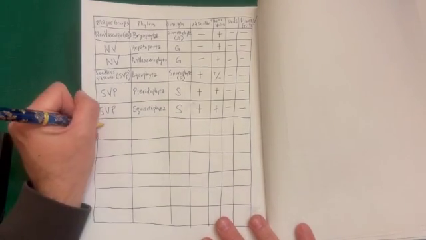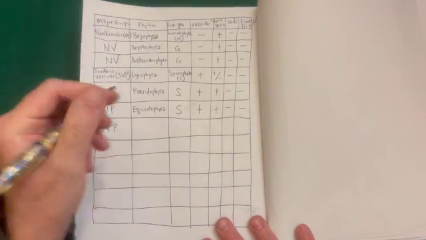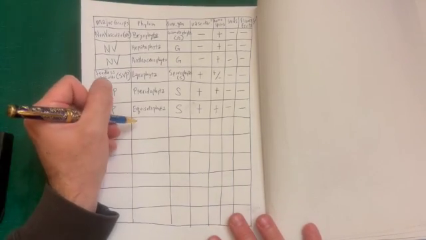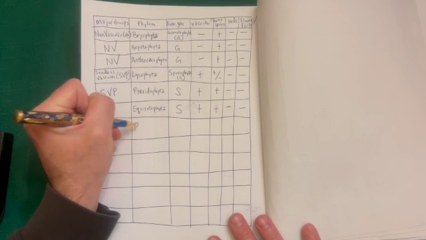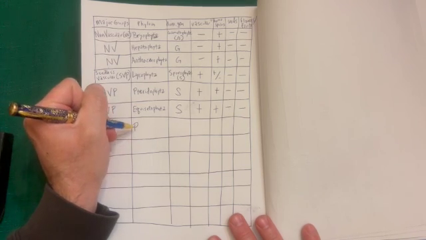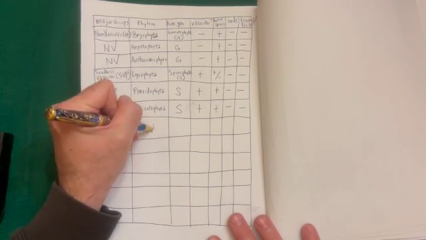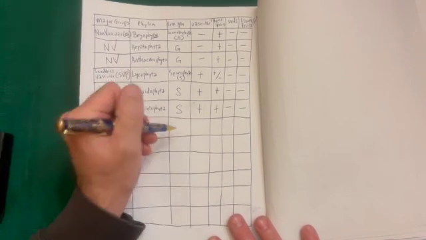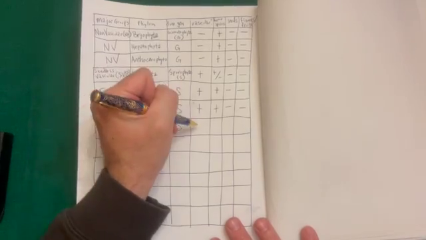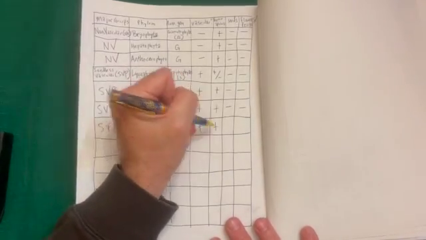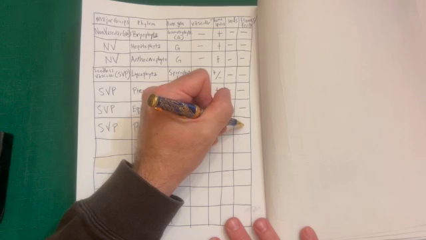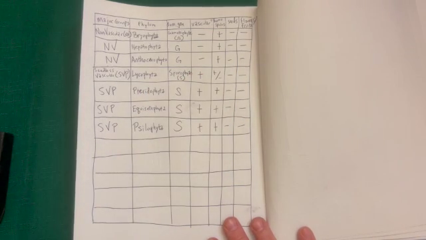And our fourth phylum of seedless vascular plants would be, can you remember? Starts with a silent P, Psilophyta. Again, sporophyte dominant, vascular, homosporous, no seeds, no flowers, no fruits.